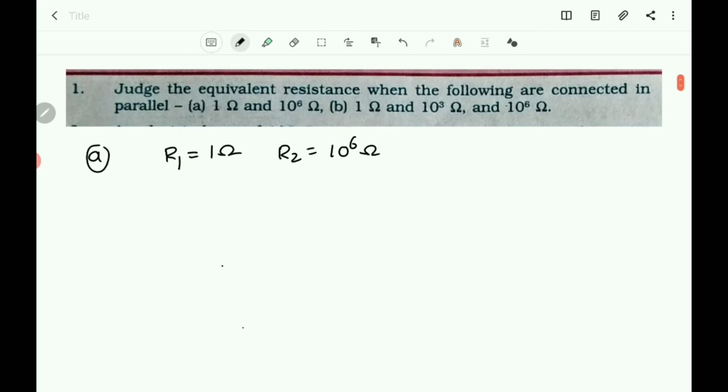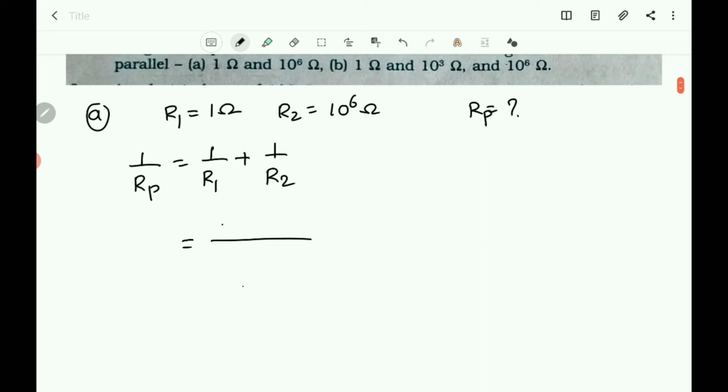Now here the connection is in parallel, so we have to take 1 by Rp. Here we have to find Rp. So 1 by Rp is equal to 1 by R1 plus 1 by R2.